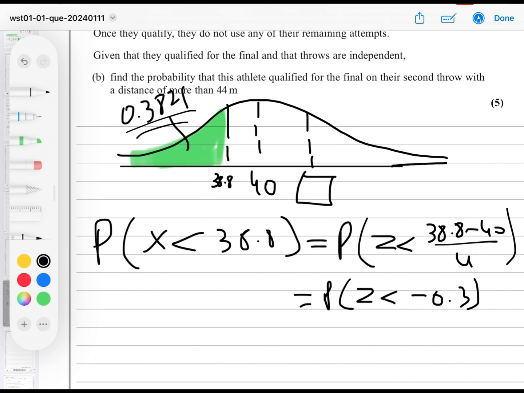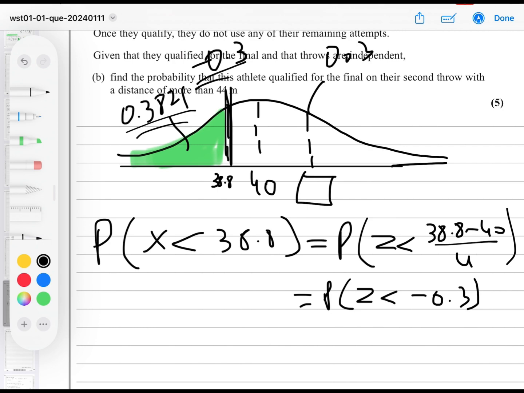This portion represents the z-score, which is minus 0.3, and as this is symmetrical, this bell curve shape gives us a symmetrical view, so this portion will be a positive 0.3. Now let us calculate this from the calculator.